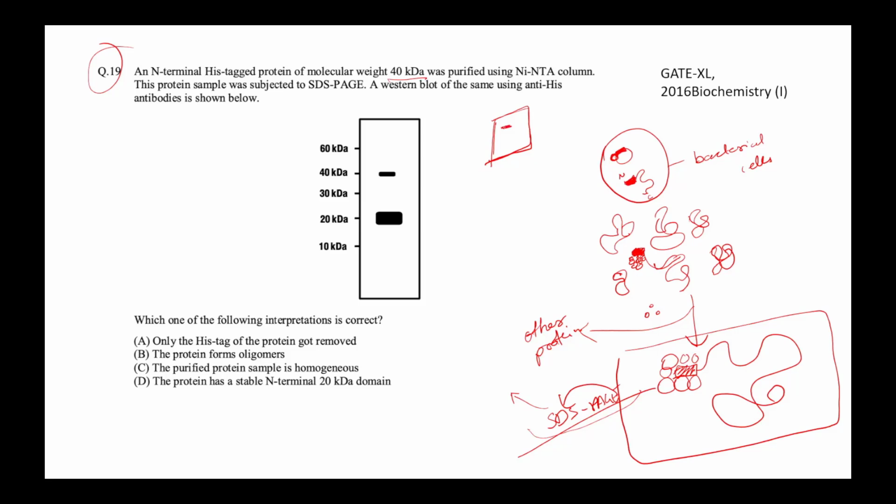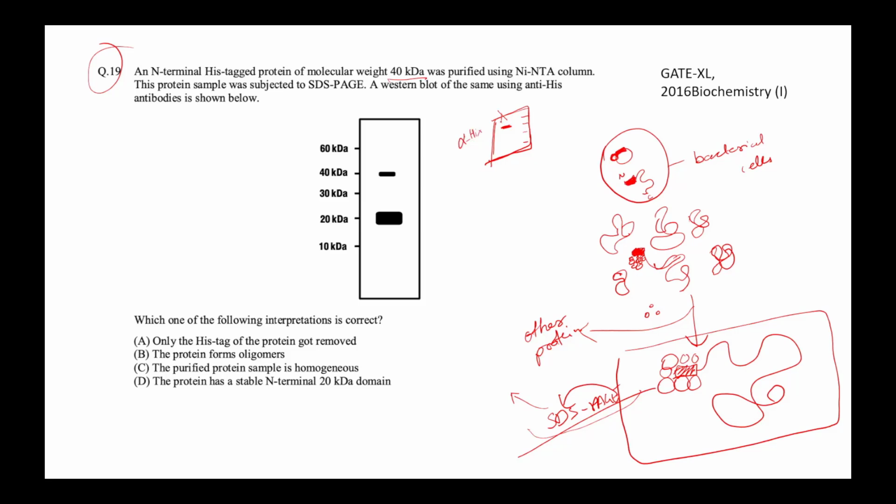You also run a molecular marker, which is transferred too. This protein can only be visible using Western blot after the proteins are transferred and you probe them with antibodies. The antibody they have used is against the histidine tag, which is why it is called anti-His antibody.